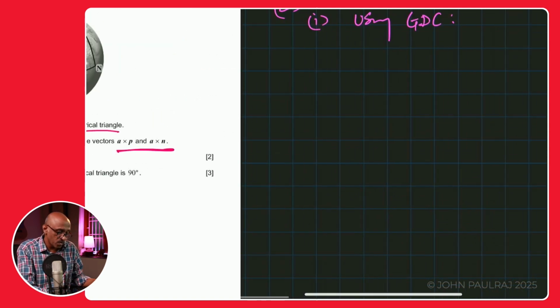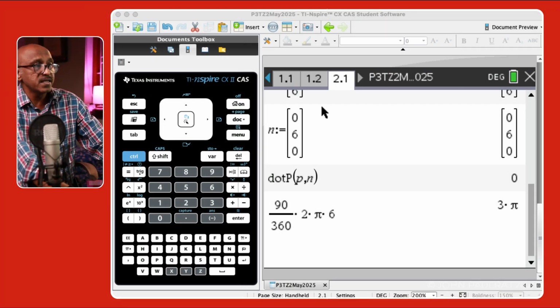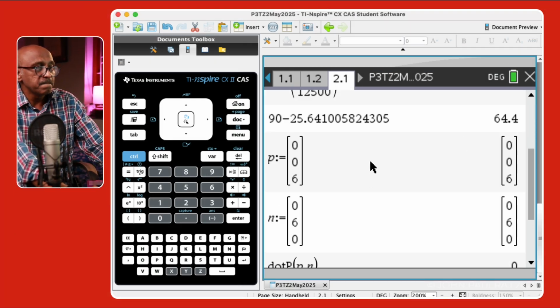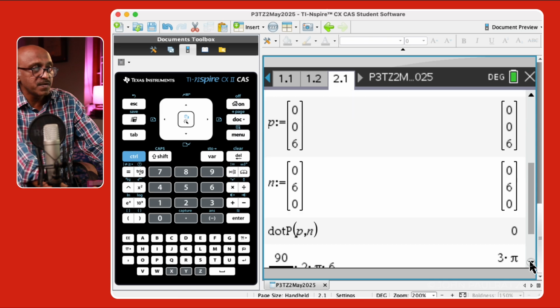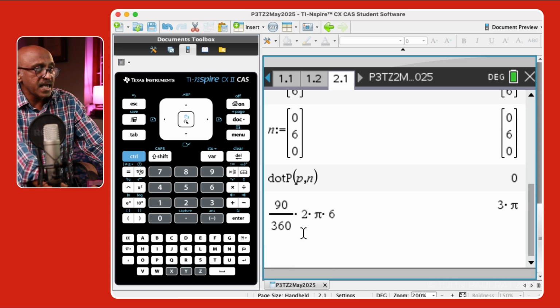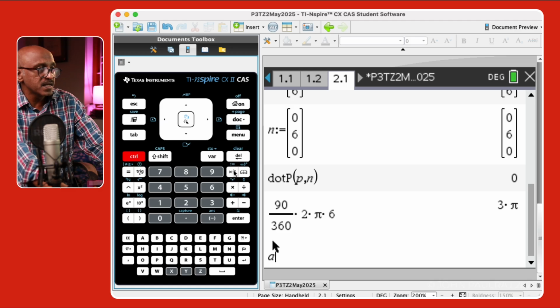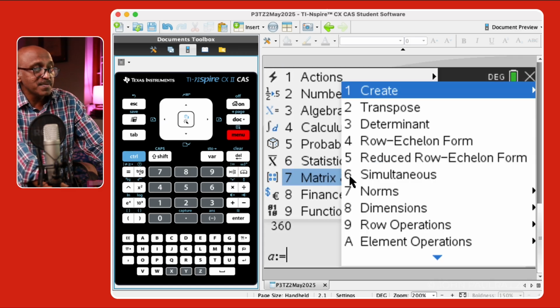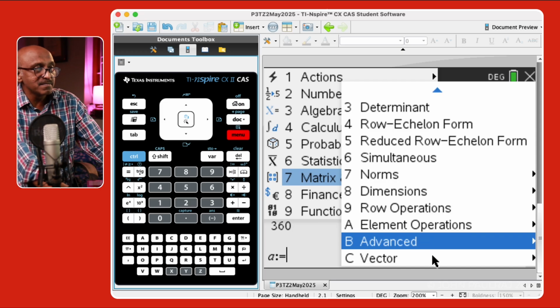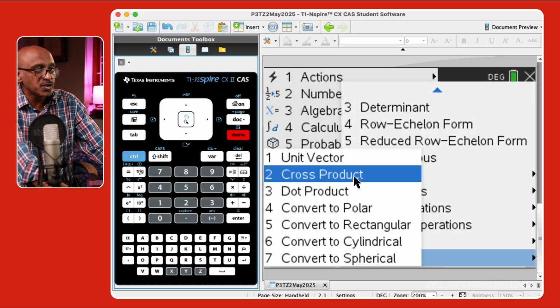I'm going to go to the calculator and show you quickly that P was defined. Can you see that? In the same way, we're going to define A now, as a vector. We go through menu. Actually, last time I edited the vector, but I'm just going to show the whole thing again.